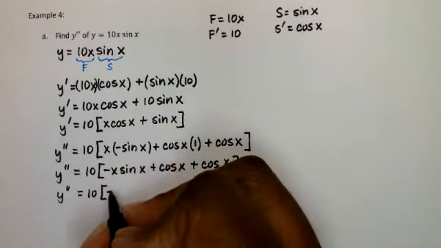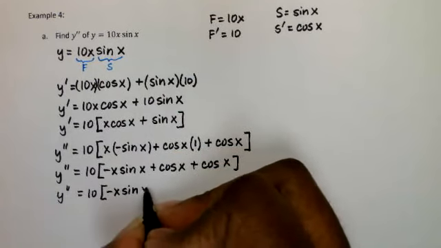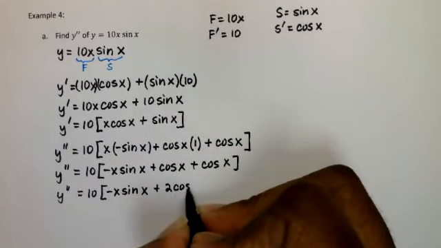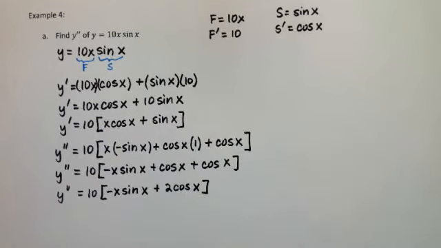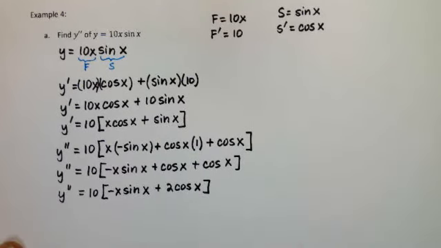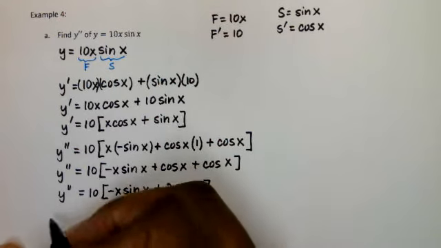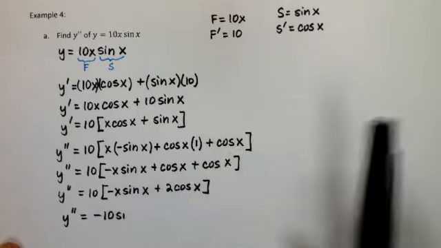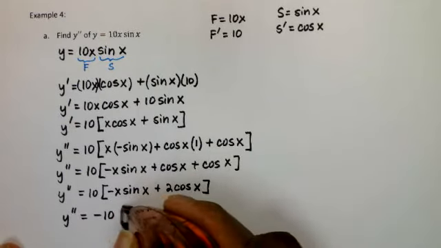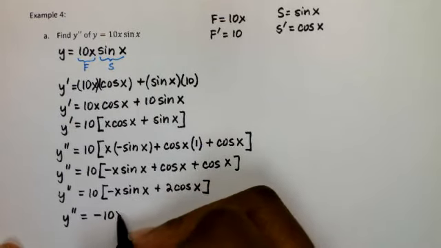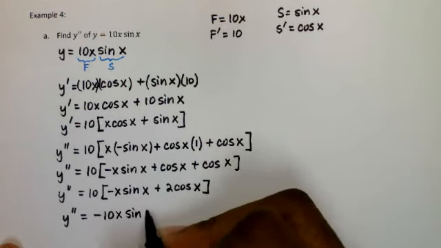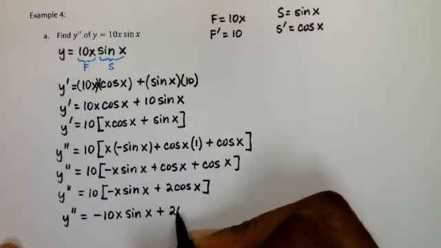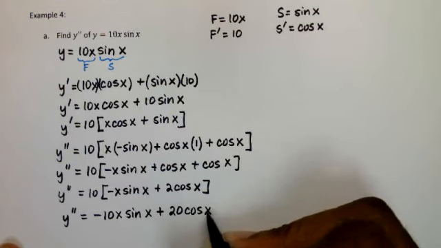So that's going to be negative x sine x plus 2 times the cosine of x, because I have 2 cosines of x. And what I'll do is just distribute the 10 over everything in the parentheses. So y double prime equals negative 10x sine x plus 10 times 2, that's 20, times the cosine of x.